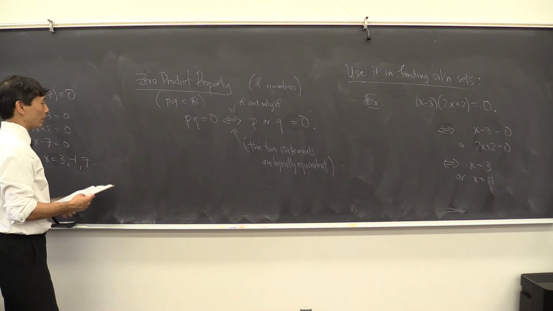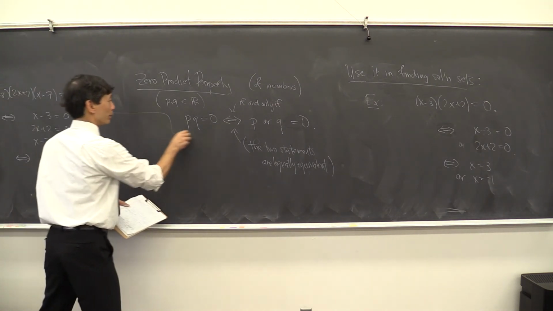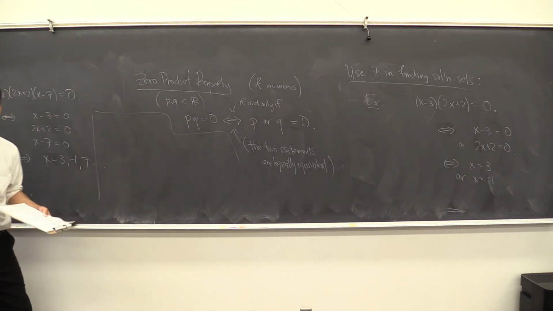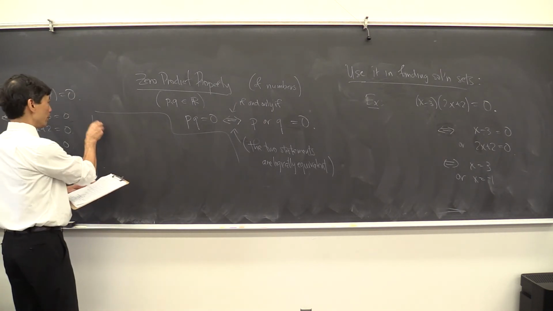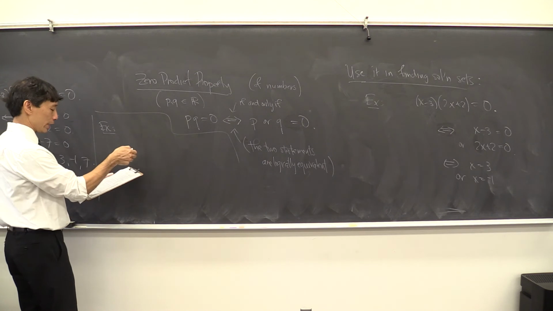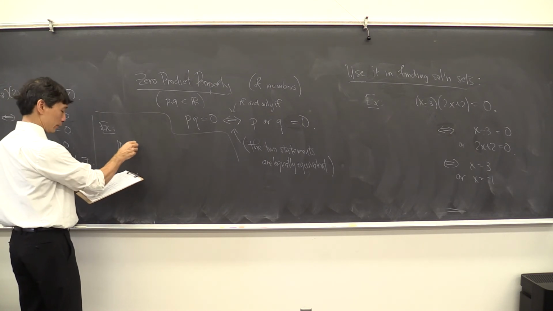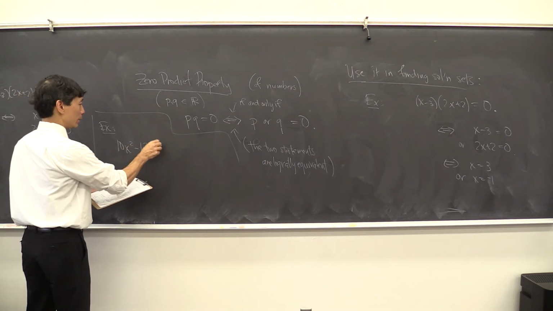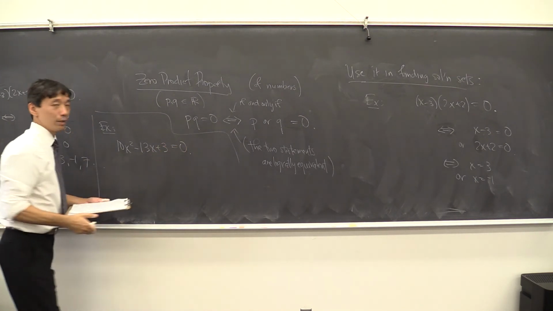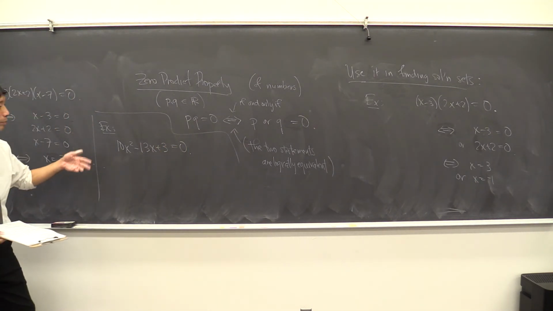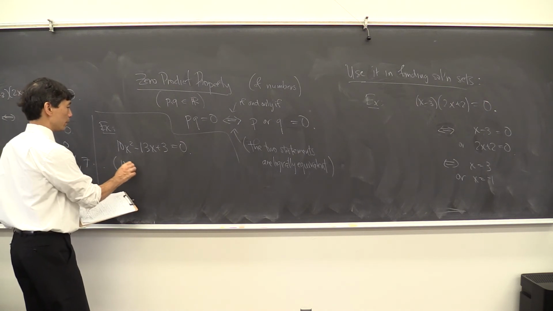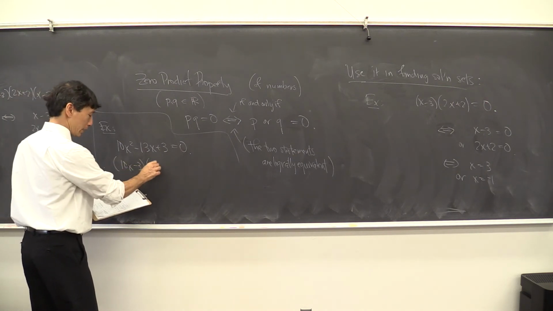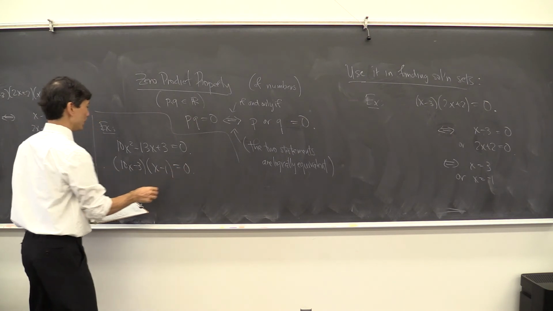I think you've probably seen this before, like when you're factoring quadratic equations. You have some quadratic expression like 10x squared minus 13x plus 3 equals 0, and then you factor it and get 10x minus 3, x minus 1 equals 0.